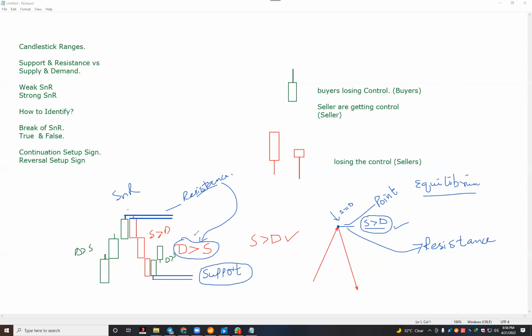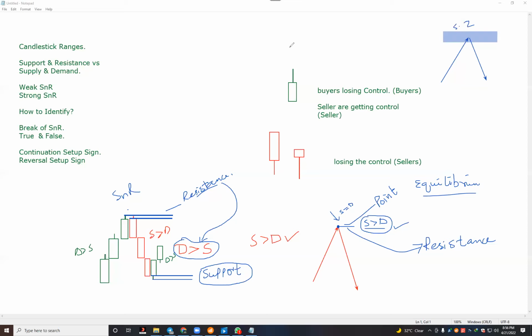So demand and supply, there are two types we can say: the failed demand and supply and the true demand and supply. For example, if that is a supply zone, and the price moved down at this zone, we can say it's a successful supply zone.